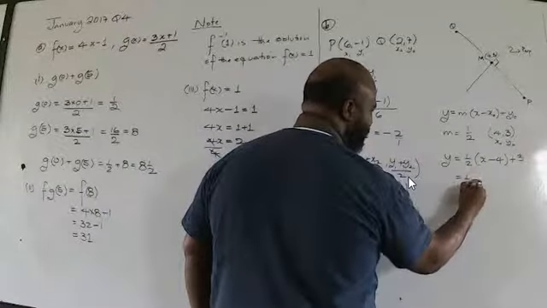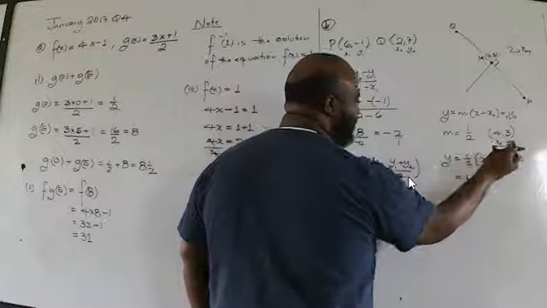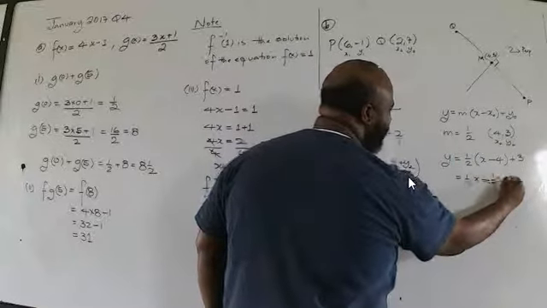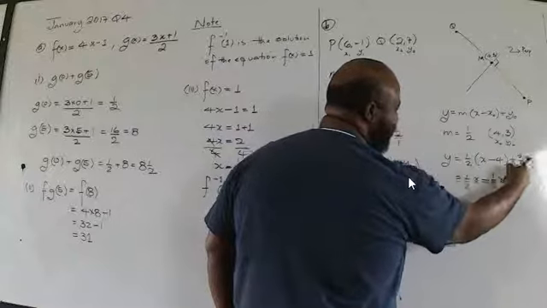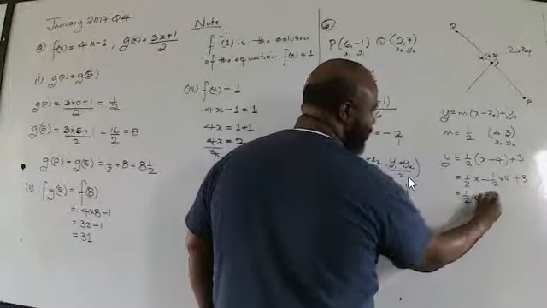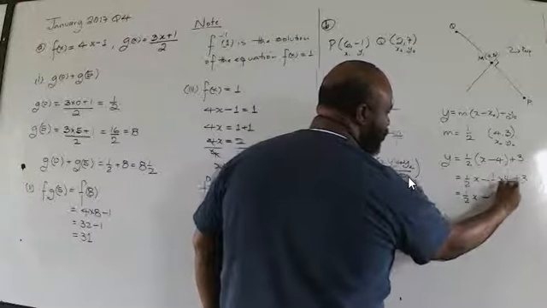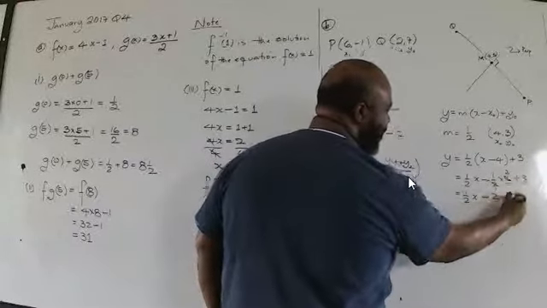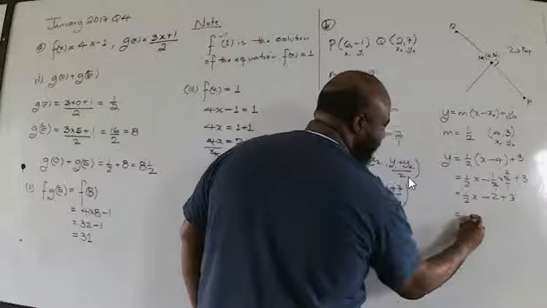A half x. A positive times a negative is a negative. A half times 4, plus 3 at the end. This is a half x minus 2. A half of 4 is 2, plus 3 at the end. This is a half x.